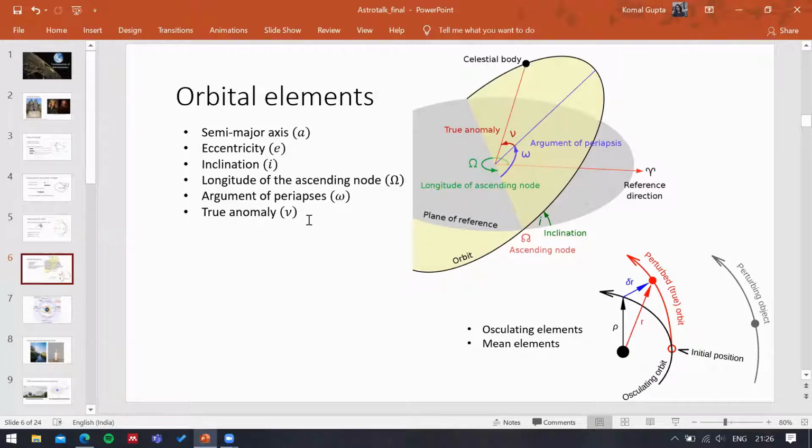Now, semi-major axis and eccentricity are fairly intuitive. I mean, they come directly from geometry.